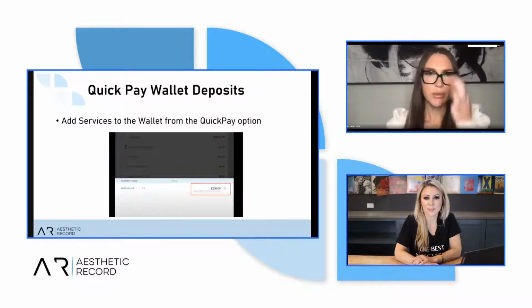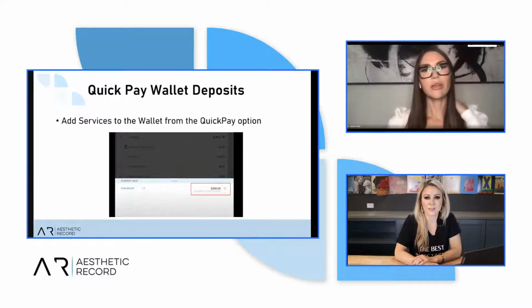So with that being said, any services that you add into the cart at this time, you have the ability to send it straight to the patient wallet. Whereas before, if you were having an event and they were prepaying for Botox, for example, we'd have to take the payment, then manually go to the wallet and add that in.